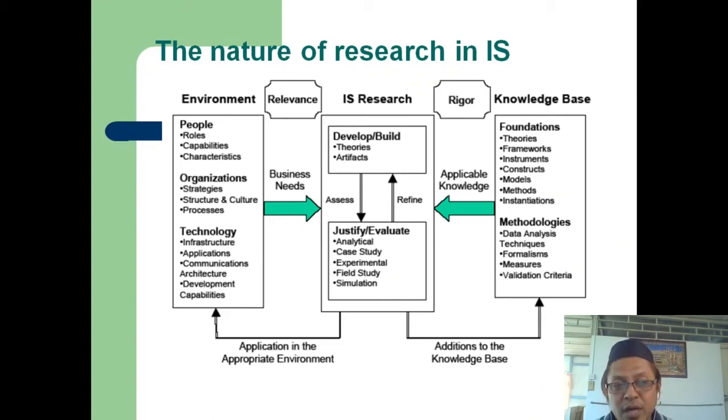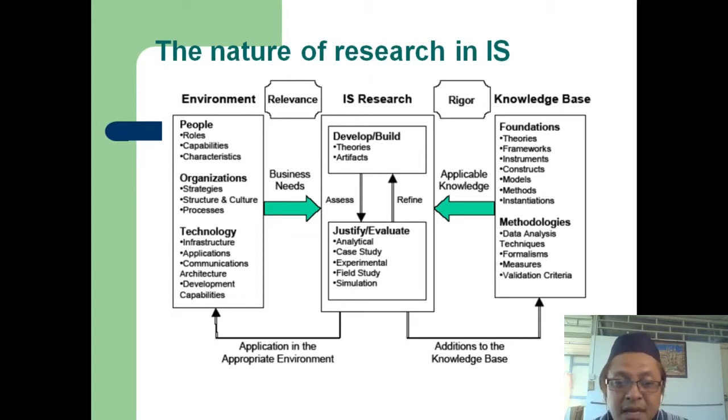For example, you can look into the digital library as the artifact and look at its interaction with the user in terms of the usability, in terms of the accessibility, in terms of user friendliness, or in terms of the system's performance, all right?